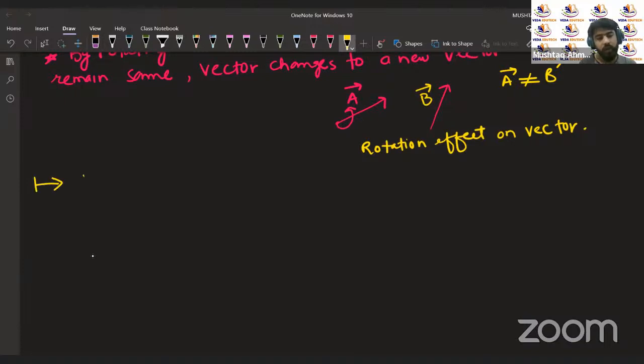Let's see what parallel vectors are. Vectors along the same direction, vectors having the same direction.